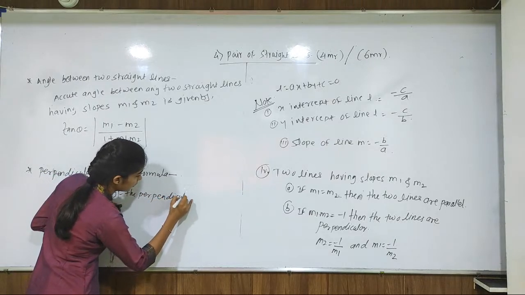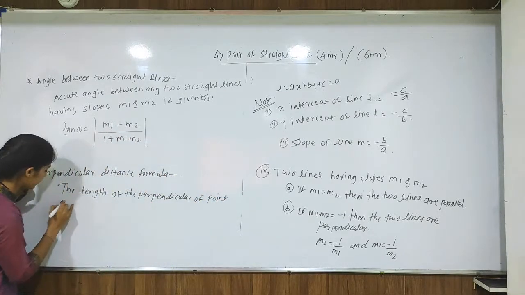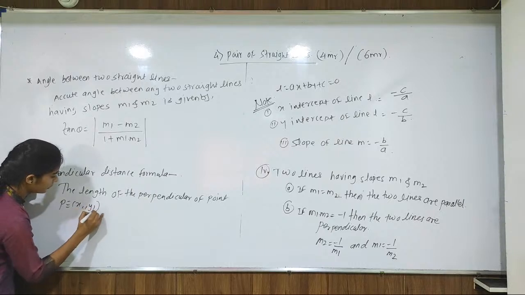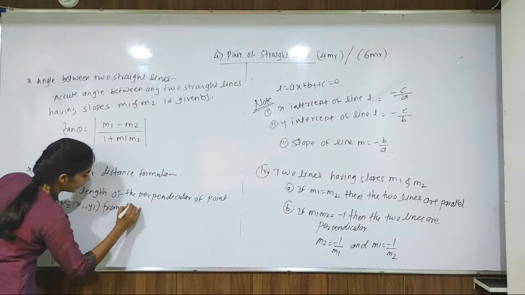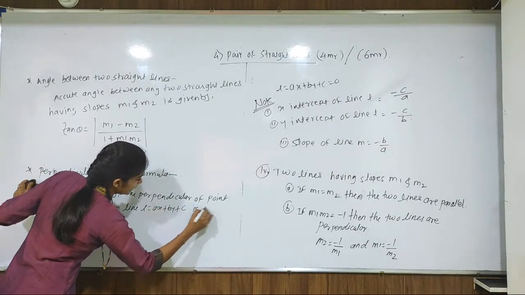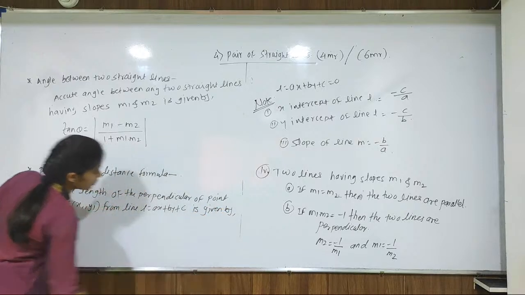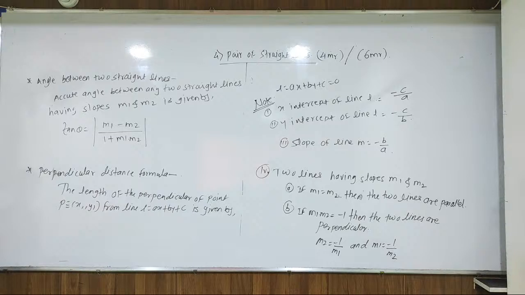Perpendicular distance of point P (x1, y1) from the line L: ax plus by plus c equals 0 is given by... So what will be the formula to find the length of the perpendicular of a point P from the line L: ax plus by plus c equals 0?